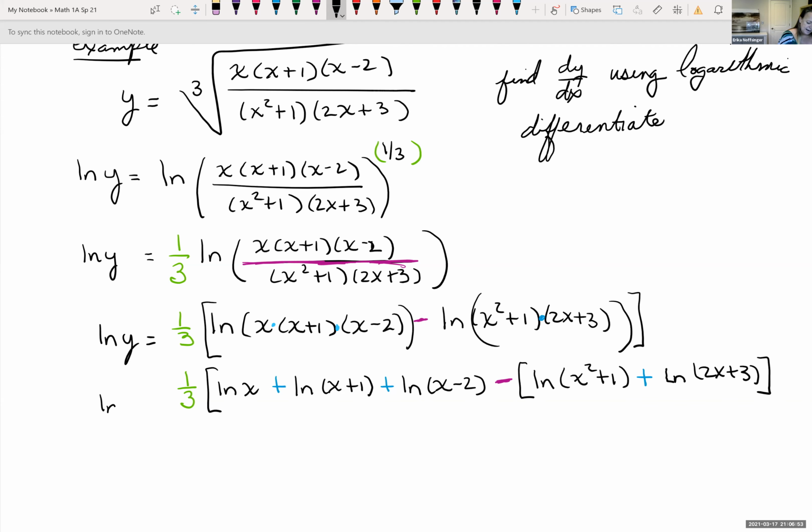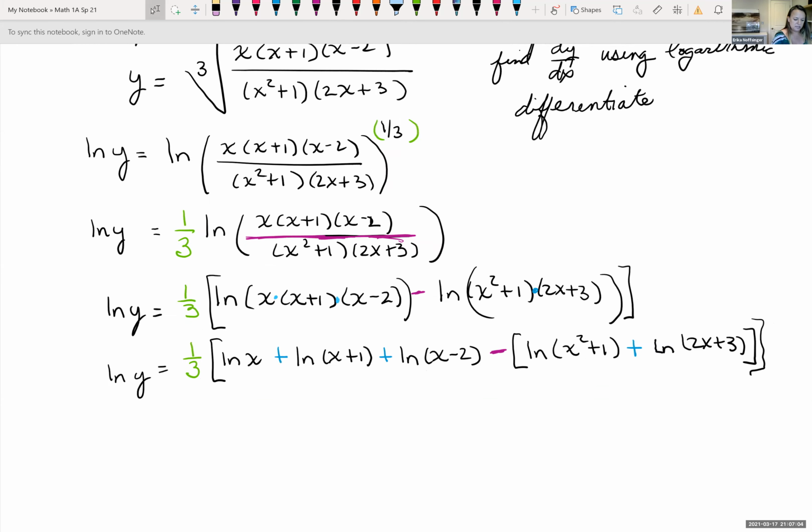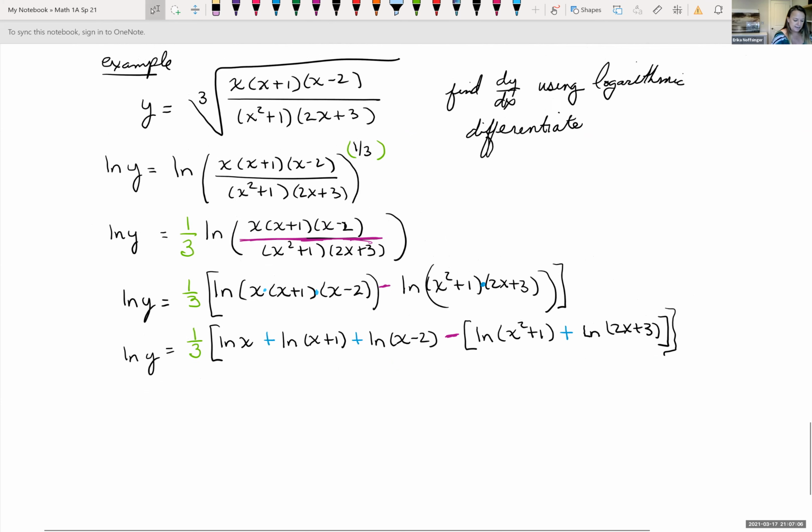So it looks like I'm now in the place that I can take the derivative of this. So going through and taking the derivative, I'm using implicit differentiation. Taking the derivative of ln y is 1 over y dy dx. Equals, I'm just going to leave my coefficient alone and take the derivative of the inside.